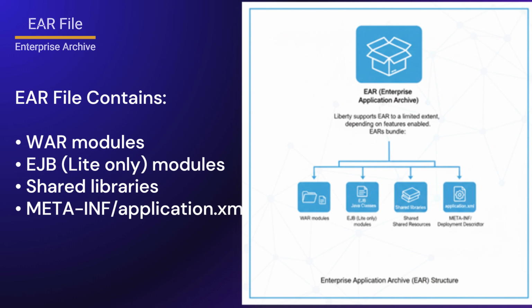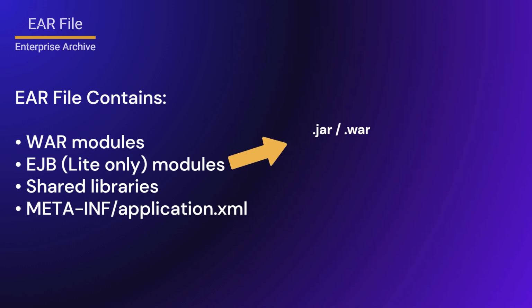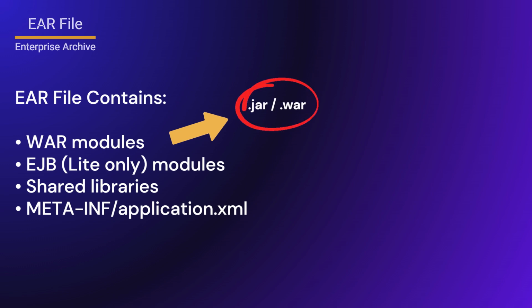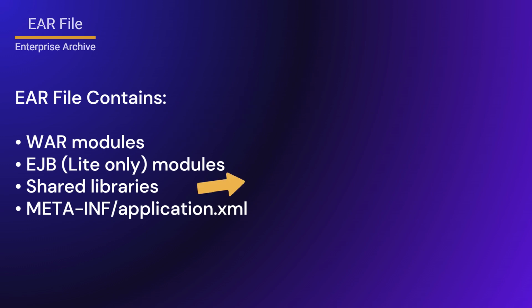This is the main part of the application code for an enterprise application, where the complex business logic is developed and packaged into a jar file. So EJBs are packaged into a jar file, and web applications are packaged into either a jar file or a WAR file. And it may also contain shared resources.